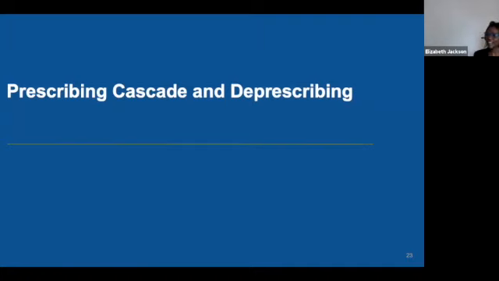Prescribing cascade and deprescribing. Before we go to the next slide, I would like to share with you an example of a prescribing cascade in an elderly woman, which I came across in a peer-reviewed article. AA is a 71-year-old female with high blood pressure, type 2 diabetes, asthma, hypothyroidism, depression, and osteoarthritis.